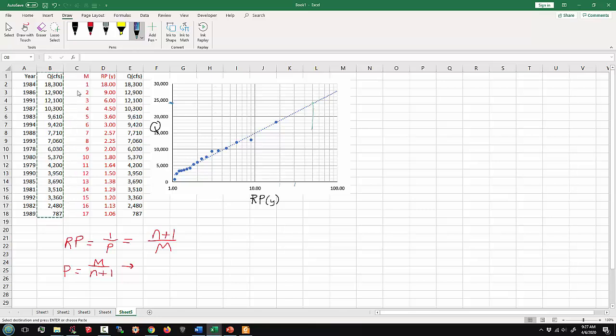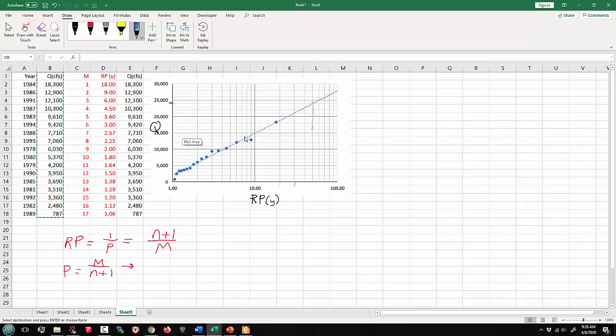But by extrapolating the observed data, I can infer that the 50-year return period peak annual discharge would be about 24,000 cubic feet per second. And that's the real utility of this method. It allows us to extrapolate beyond our observational data to values of the return period and discharge that are typically larger, but sometimes smaller, than what our data actually cover.